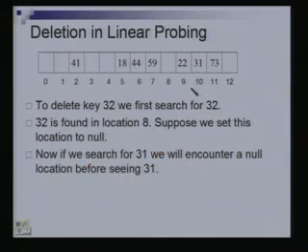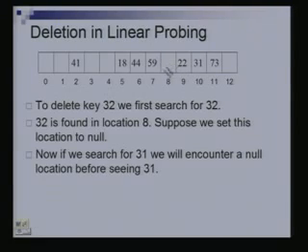Suppose we now search for 31. What's going to happen? 31 mod 13 is 5. So we come here. We didn't find it here. We come here. We didn't find it here. We come here. We didn't find it here. We reach here, and this is an empty location. So we'll say 31 is not there. Well, 31 is there. Why is the problem coming? Because when 31 was inserted, this was a full location. So that's why 31 was inserted later in this table.